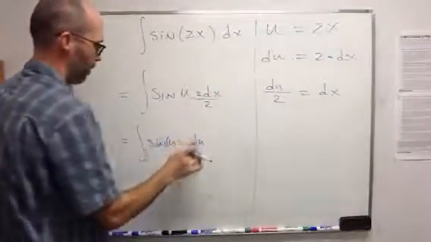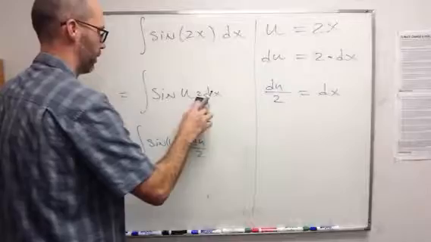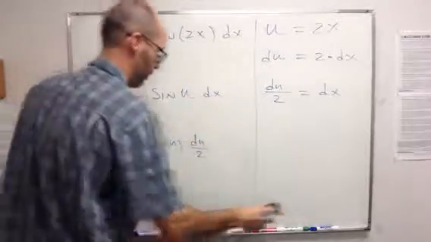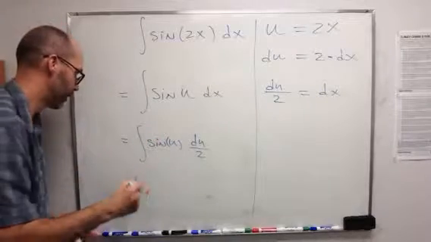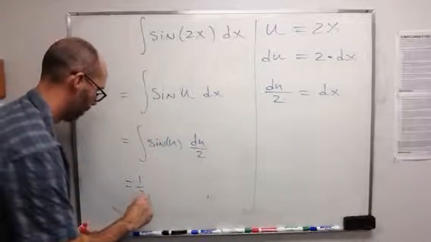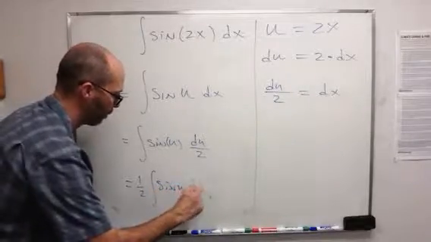Replace that with a u, and you see that we have the same thing. Now remember, constants I can pop out to the front. So this is 1/2 sine u du.